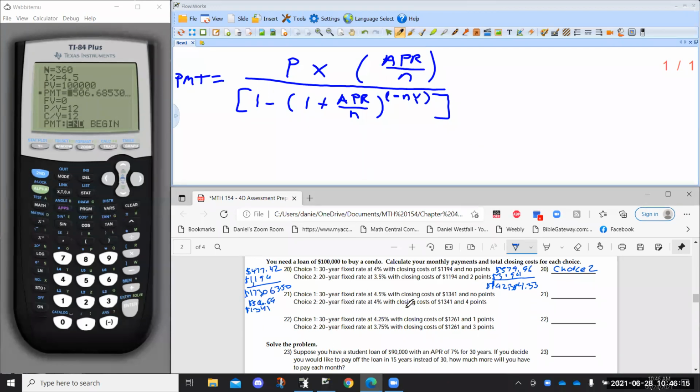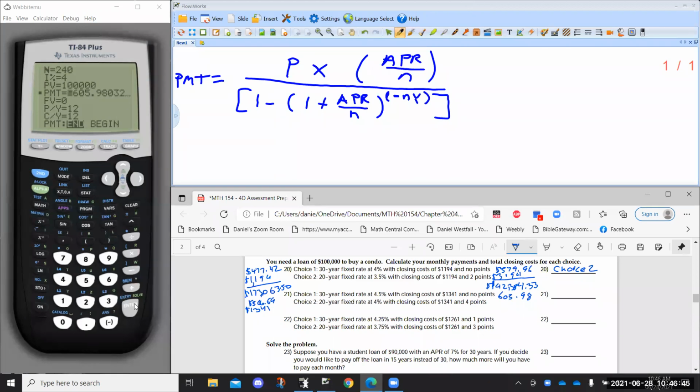Let's compare that over here with my 20-year option with a simple 4% interest rate and make this 605.98.